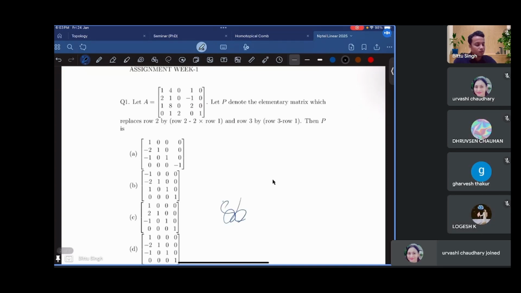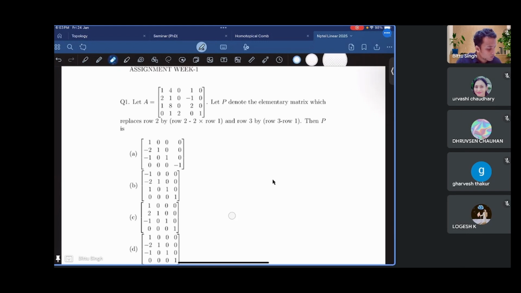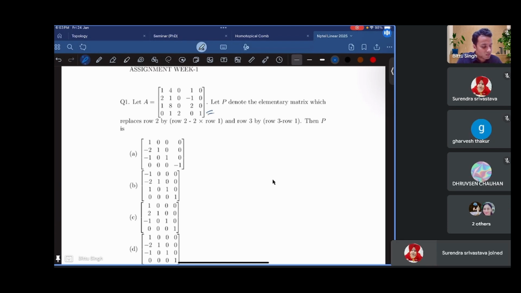Here you can see that the given matrix is A, and A is of this form here, and we'll apply some row reduction.